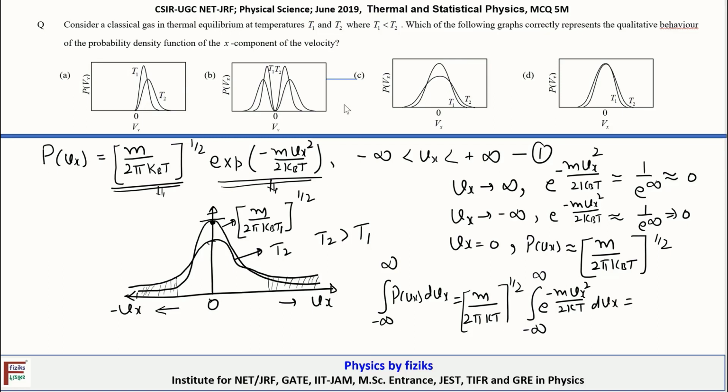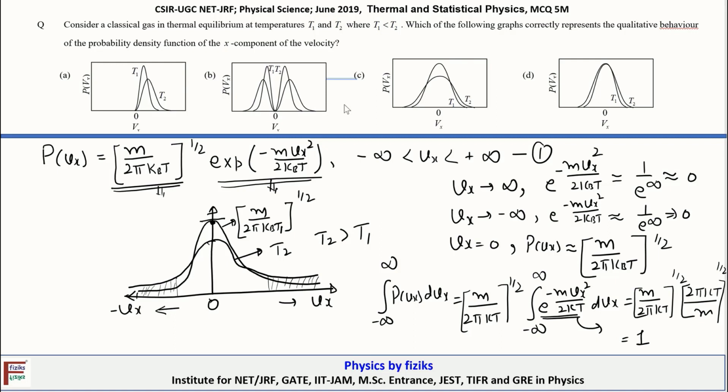Okay, so here this will basically be unity, because the integral is nothing but exponential of minus alpha x square dx, which is equal to under root pi by alpha. So this will be m upon 2 pi kT, the constant term as it is, and then the value of the integral, which is 2 pi kT upon m. So these terms will cancel with each other, so that is equal to unity.